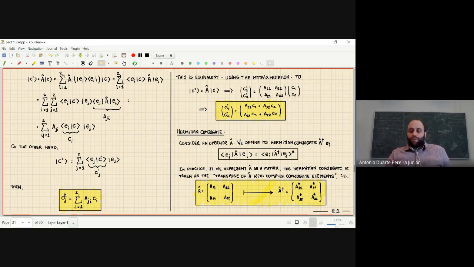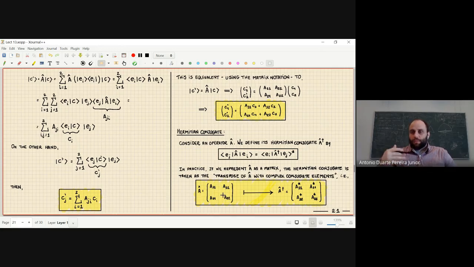And finally, we defined what is a Hermitian conjugate of an operator. So essentially, thinking of a matrix, and let's think of a 2x2 matrix, the Hermitian conjugate of the matrix A hat is denoted by A hat dagger, and you obtain that by taking the transpose of this matrix and taking the complex conjugate of each element.